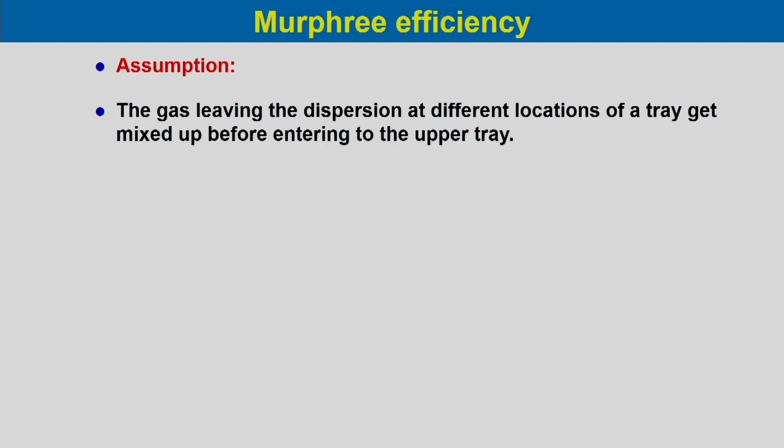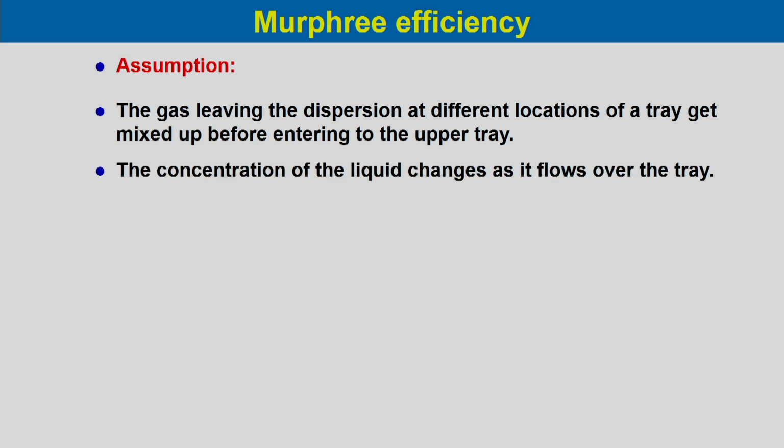Now, there is another efficiency called the Murphree efficiency. To define Murphree efficiency, the following assumptions are taken: the gas leaving the dispersion at different locations of a tray gets mixed up before entering the upper tray. So, the concentration of the liquid changes as it flows over the tray.